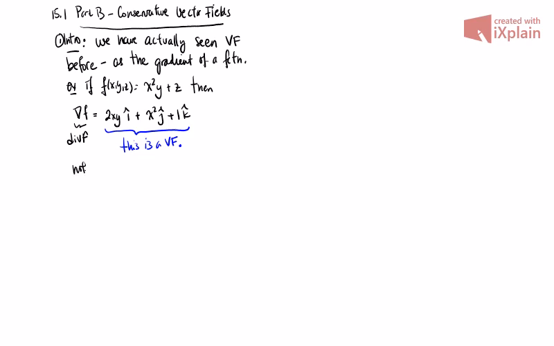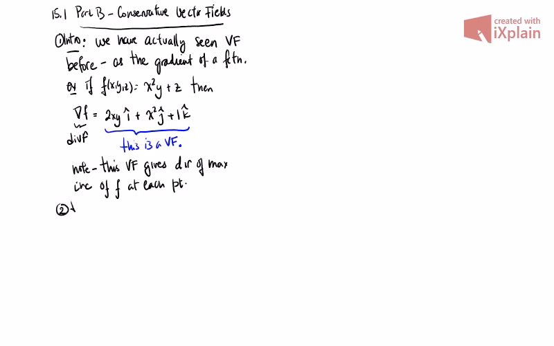Right, it's a little note here. This isn't really necessary for what we're doing right now, but this vector field gives the direction of maximum increase of f at each point, because that's what the gradient does. So a vector field that arises this way is very special. It's called conservative.